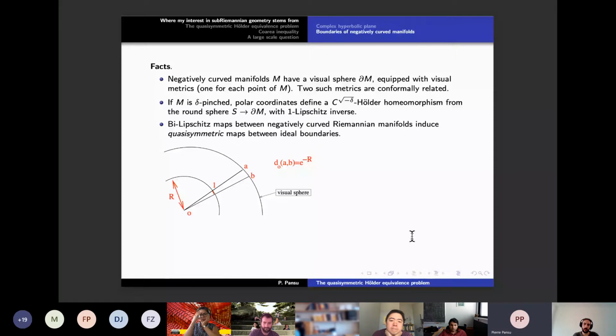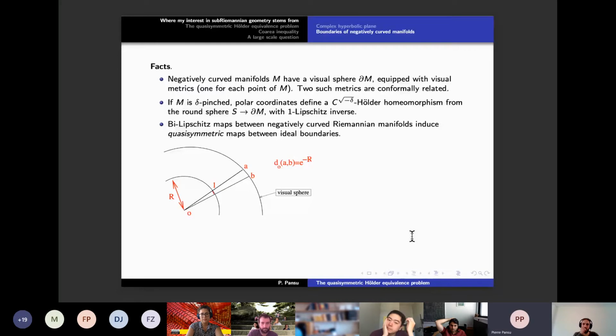The picture explains how to define the distance between two boundary points A, B viewed from the origin O, which is in the manifold M. By definition, boundary points are equivalence classes of geodesics. So you draw these two geodesic rays from the origin to A and B, and they tend to diverge. There is one distance, a capital R, from the origin O, where they sit at distance 1, let's say. And e to the minus R is what you take as the definition for the distance.